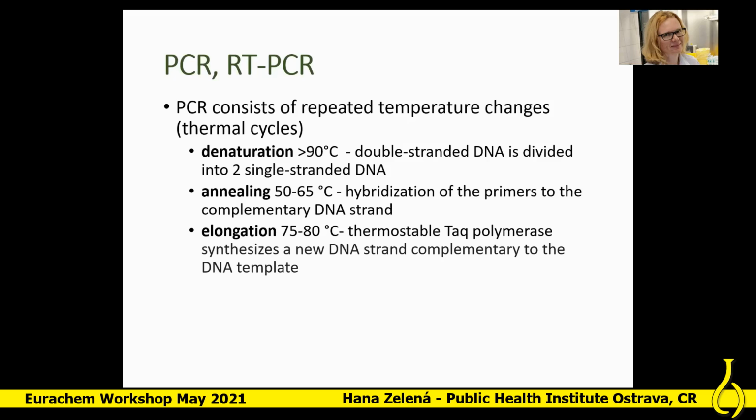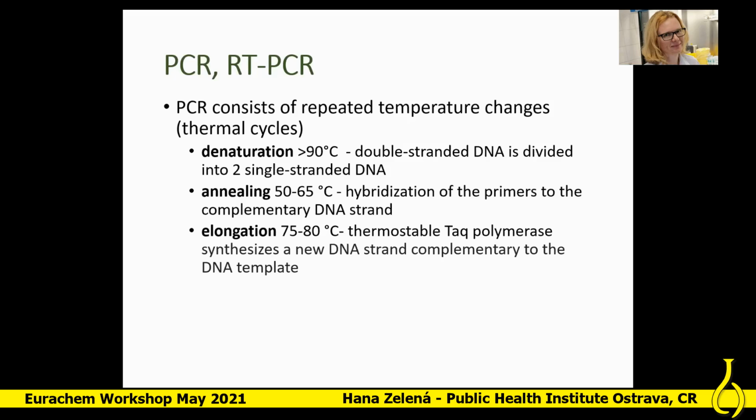Then comes the second step, so-called annealing, at a lower temperature, when the temperature goes down to 50 to 65 degrees. In this step, the primers bind to the complementary DNA strand, which is called hybridization. And then comes the third step, so-called elongation, when the new DNA strand is synthesized with the help of thermostable polymerase. Then the DNA strand is created, which is complementary to the DNA template.